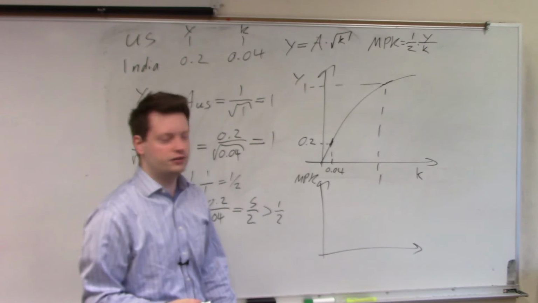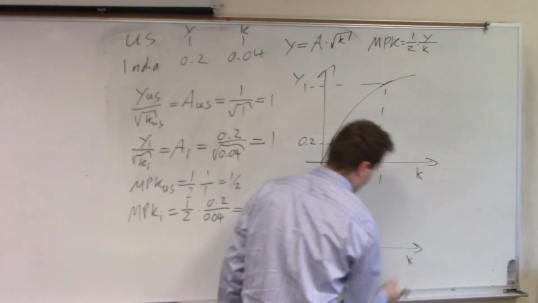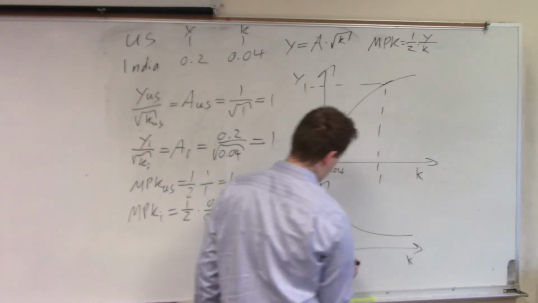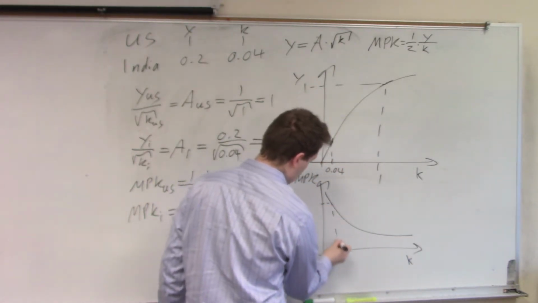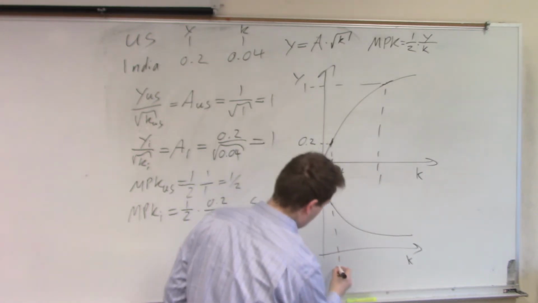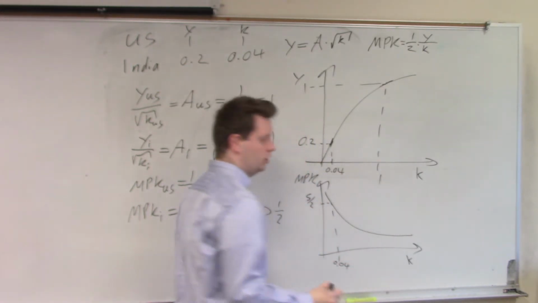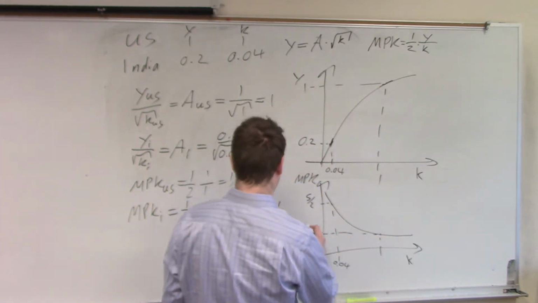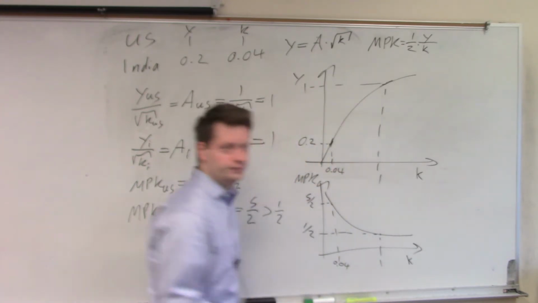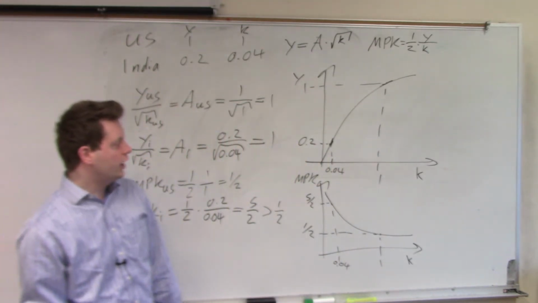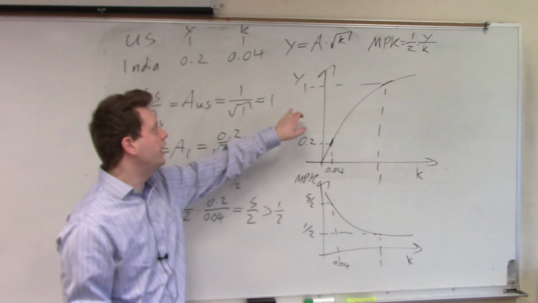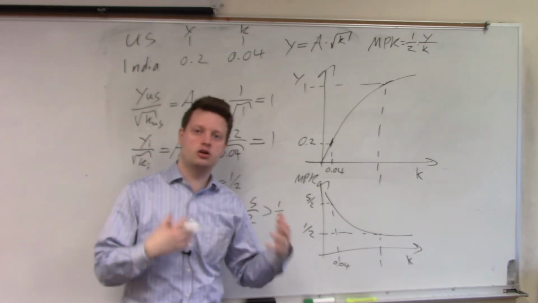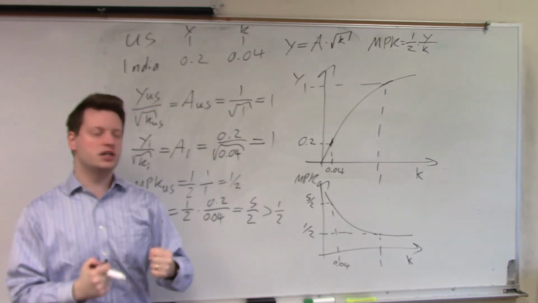We have the marginal product of capital here, we will have capital here, and now the marginal product of capital will look something like this, and we'll have India here at 5 over 2 with 0.04, and we have the US somewhere down here with 1/2 and 1. Okay. So we have marginal product of capital and we have overall output. So investment should be where the highest return is. So capital should flow from the US to India.